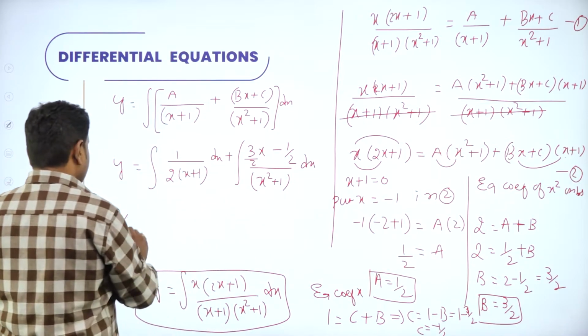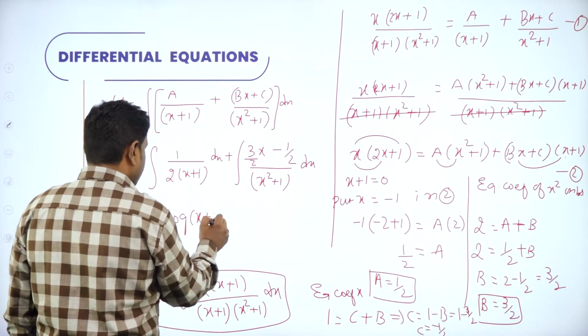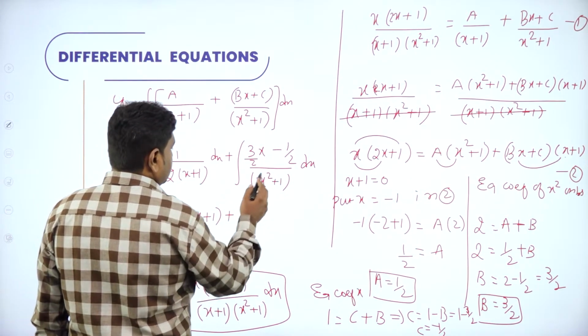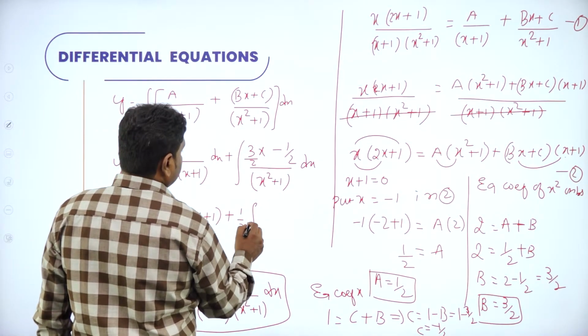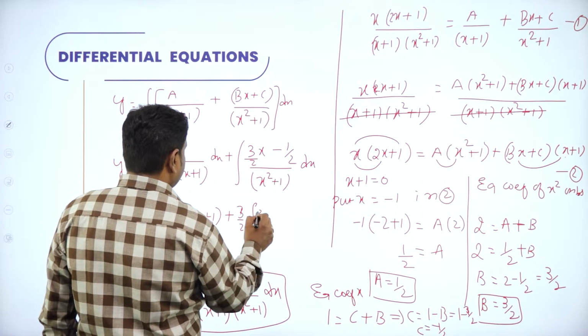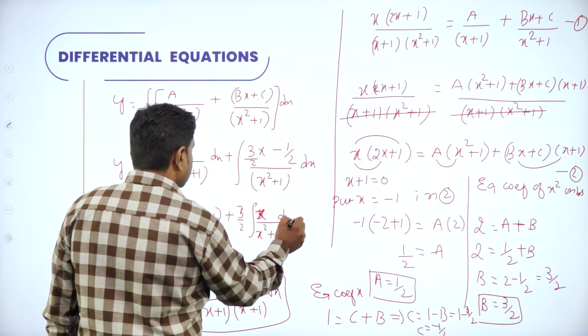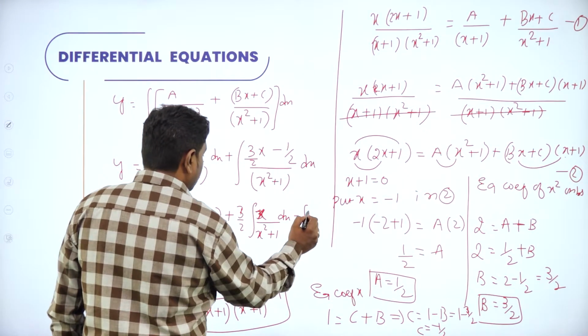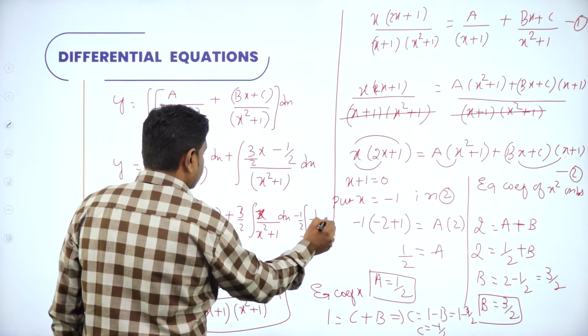That is y is equal to, 1 by 2 is constant, this will become log of x plus 1 plus, see here 3 by 2, I'll split this, 3 by 2 of x divided by x square plus 1 dx is one term, minus 1 by 2 I can take out, 1 divided by x square plus 1 dx.